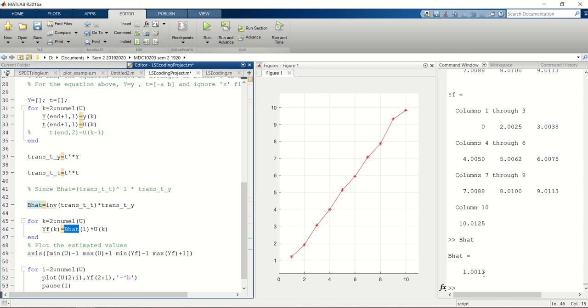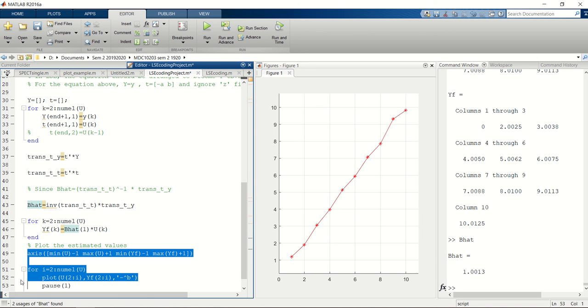It means that our m, the slope, is around 1. So this is correct.